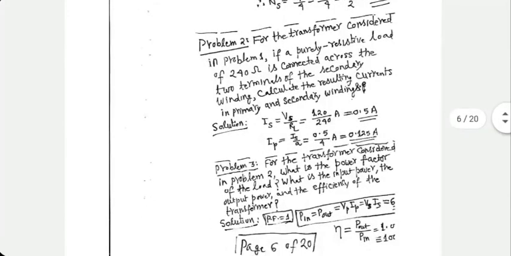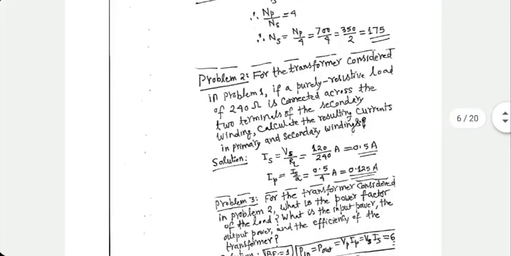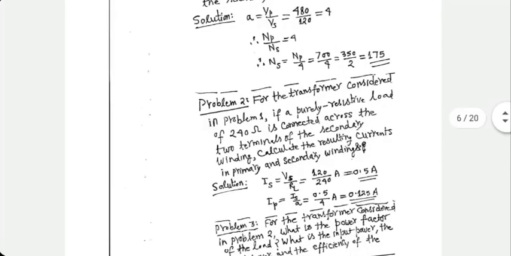Now I'm connecting a 240 ohm resistance across the secondary. So the secondary current will be simply Vs divided by RL, Ohm's law, 0.5 amperes. And Ip is Is divided by A. So 0.5 divided by the turns ratio, which is 4, 0.125 amperes.